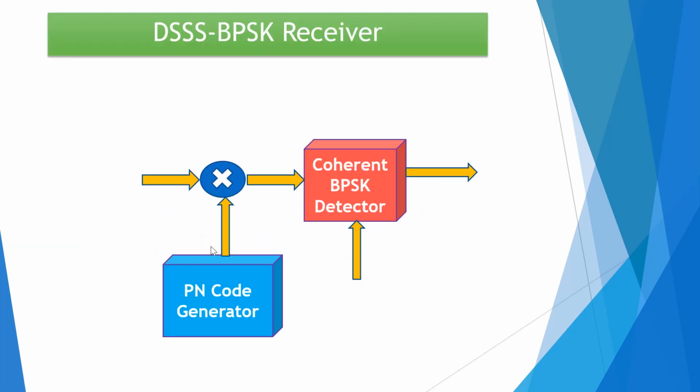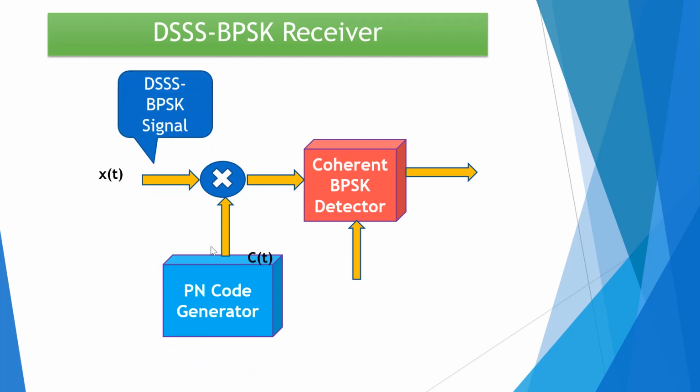Now coming to the DSSS BPSK receiver, again it's a coherent BPSK detector. We know that in DSSS, that is direct sequence spread spectrum, the same PN code which is used at the transmitter side should be used at the receiver side. So we consider x of t over here as the DSSS BPSK signal.